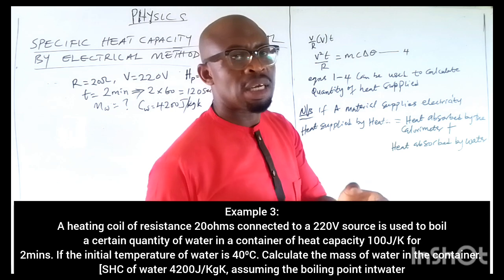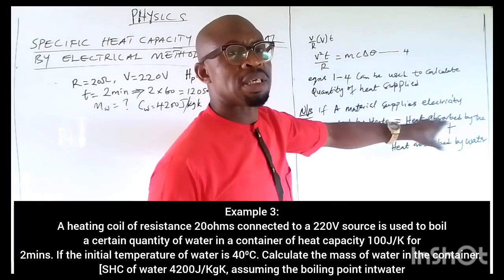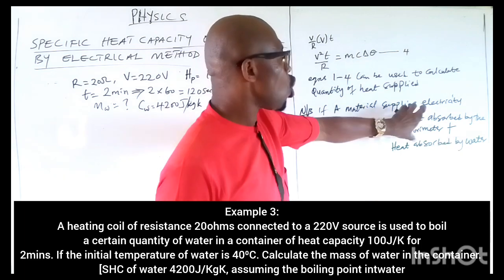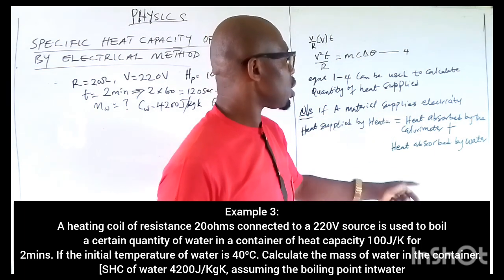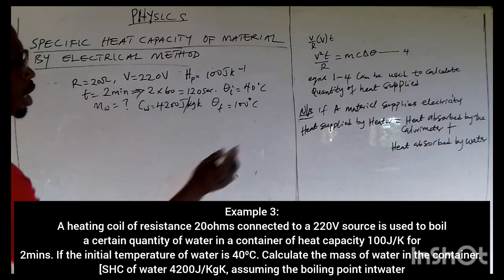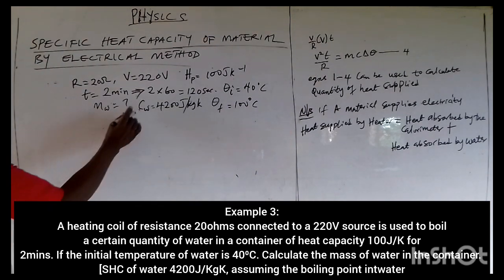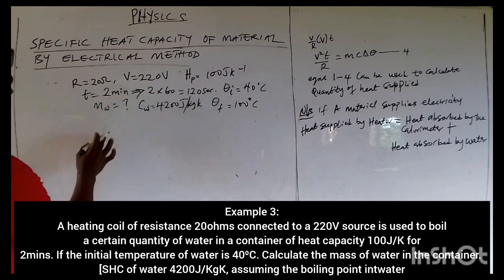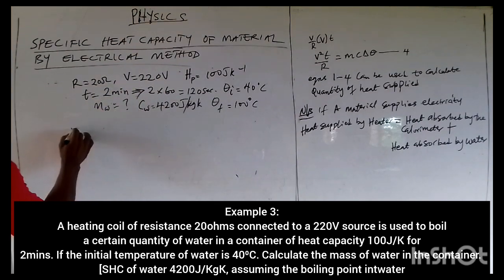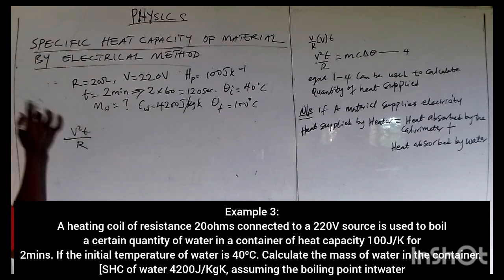So heat capacity times the temperature change will give us the heat absorbed by the calorimeter. So we now have heat supplied by the heater, which is V squared T all over R.